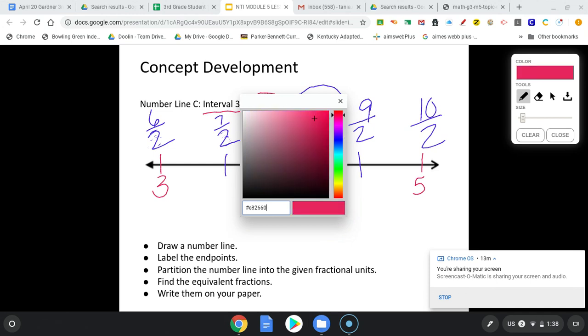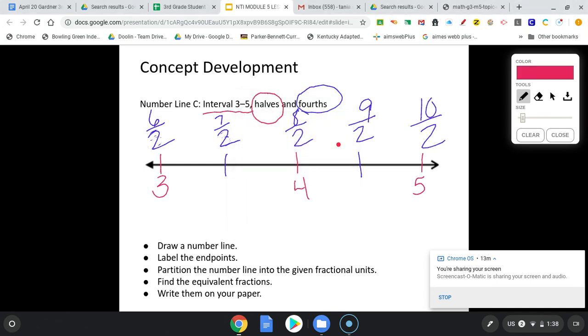So if we have halves, we double halves, it gives us fourths. So let's do fourths. So we have 1, 2, 3, and 4. Again over here, 1, 2, 3, and 4.